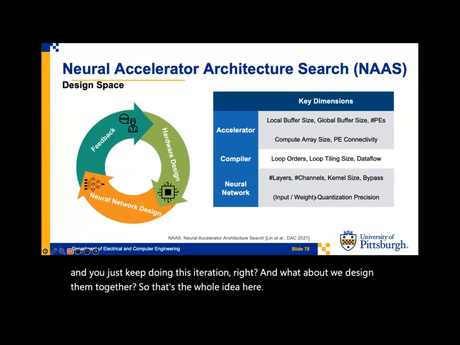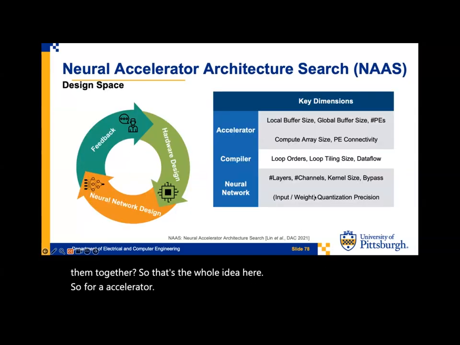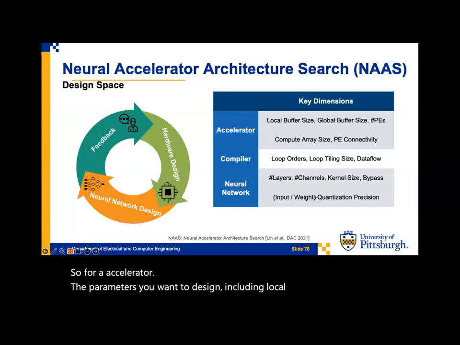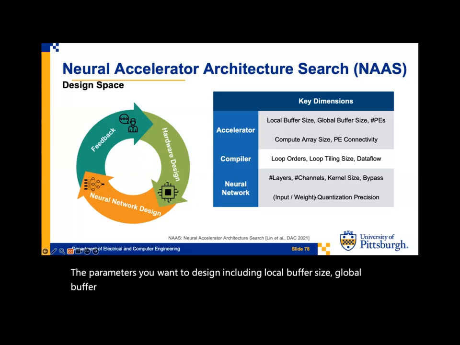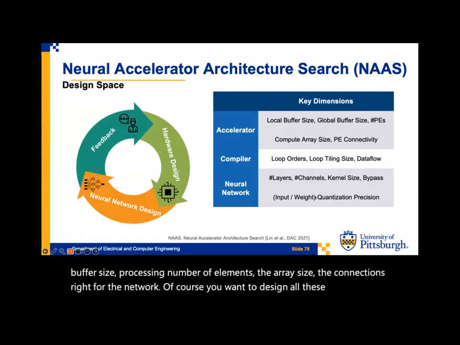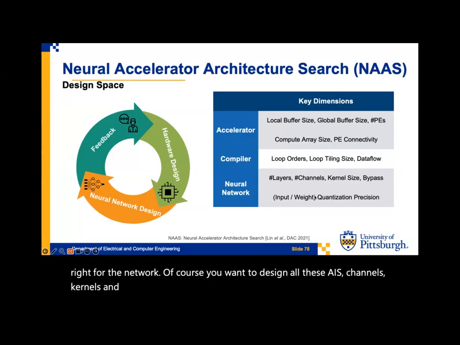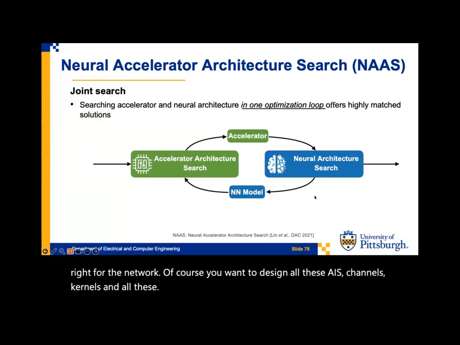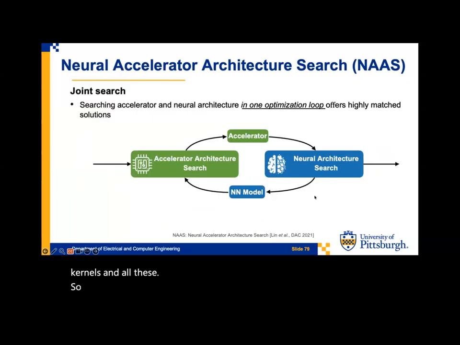For an accelerator, the parameters you want to design include local buffer size, global buffer size, the number of processing elements, the array size, and the connections. For the network, of course, you want to design all these layers, channels, kernels, and so on. So this paper is trying to design them together.